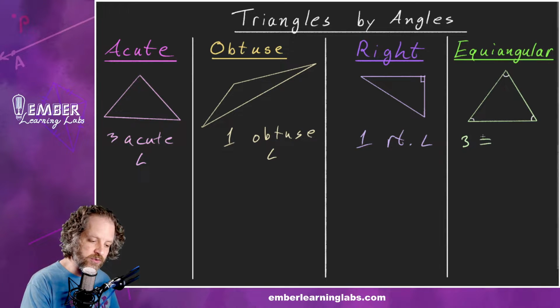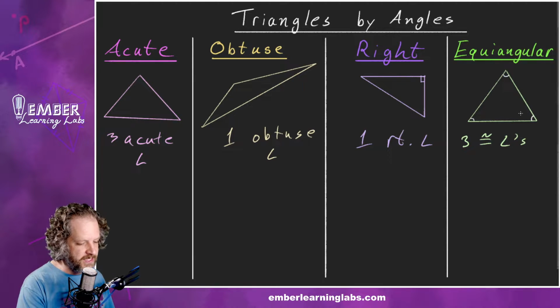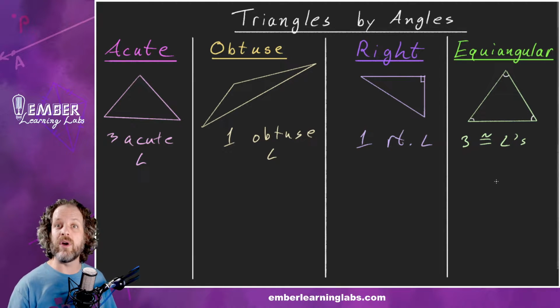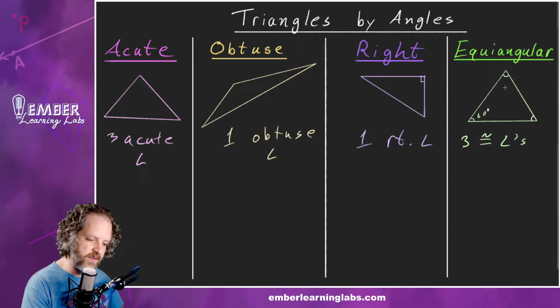So what's the degree measure of those? Well, all the interior angles of a triangle add up to 180. So if we take 180 divided by 3, we get 60 for all of these. So they're all 60 degrees if it's an equiangular triangle.